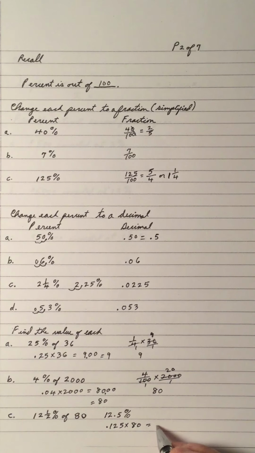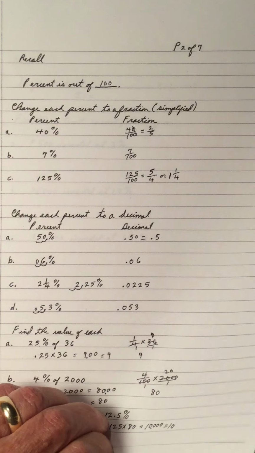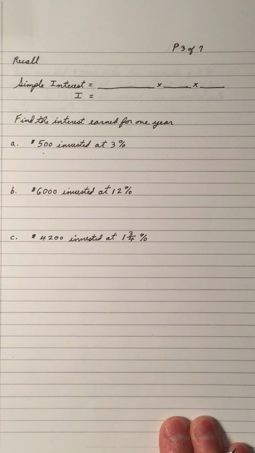And when you multiply all that out, you get 10,000. But there's 3 decimal places, so 1, 2, 3. So that gives us 10. If you use a calculator on that, the calculator will just give you 10. A little review on changing decimals to fractions and especially changing percent to fractions and changing percent to decimals.